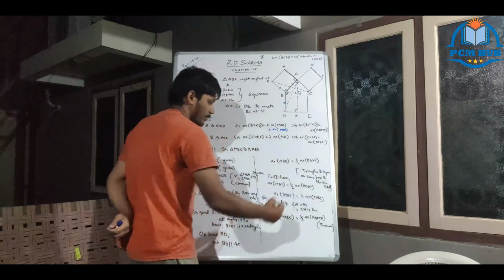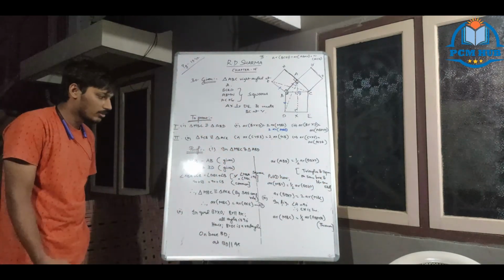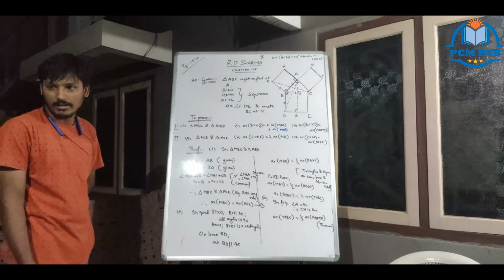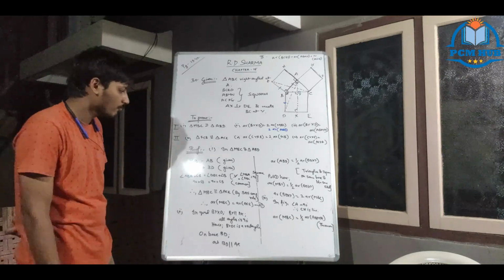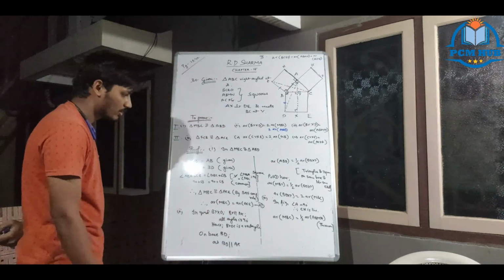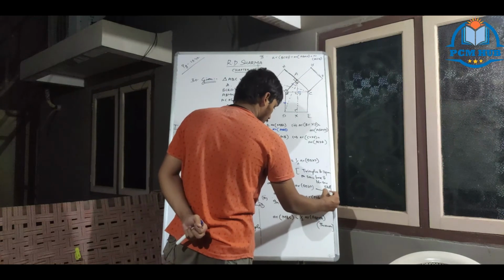You write this theorem: triangle and square on the same base. Area of MBC equal to half of area of ABMN. Same theorem. Then second, take that from this. Therefore, ABMN equals 2 times MBC.